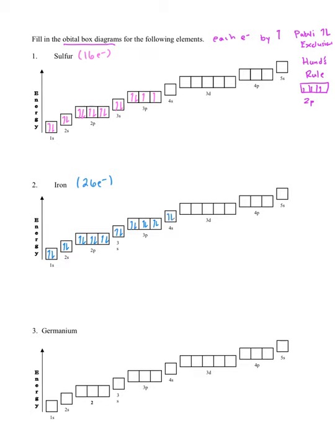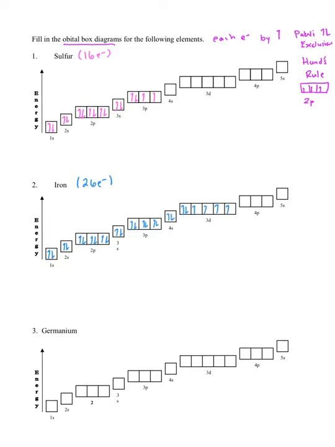When I come to 3d, again, I'm going to go 21, 22, 23, 24, 25 up, and then I pair one of those to get to my 26 electrons.